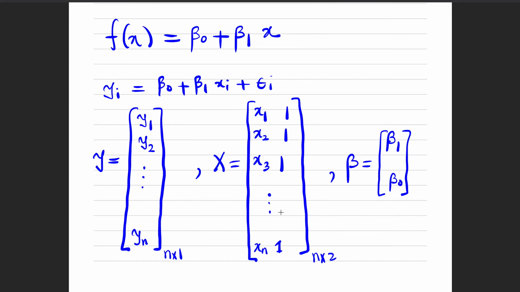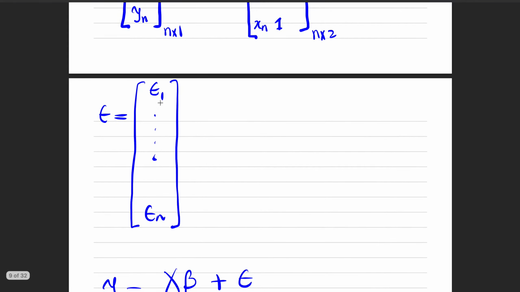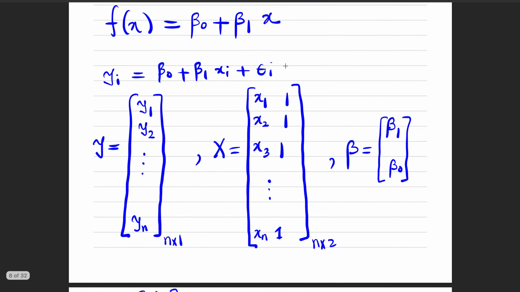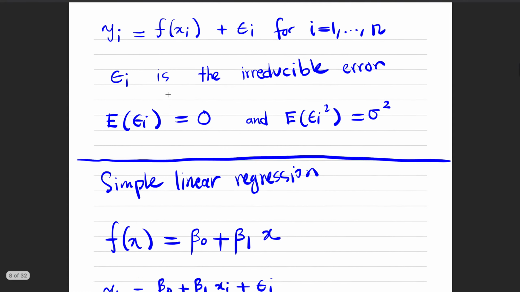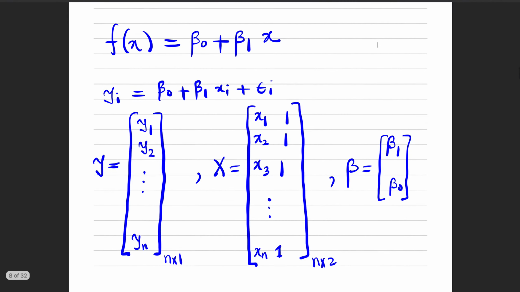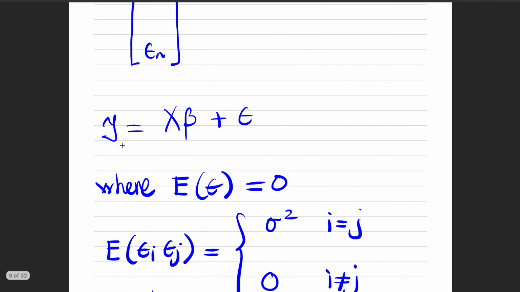We have it so that we can express the intercept. Think about it. X beta, and then we have epsilon, which is epsilon 1 to epsilon n. So now this relationship, which is true for all i that goes from 1 to n, can be expressed in matrix format as one line. Y is X beta plus epsilon. X is a matrix, beta is a vector, and epsilon is a vector.